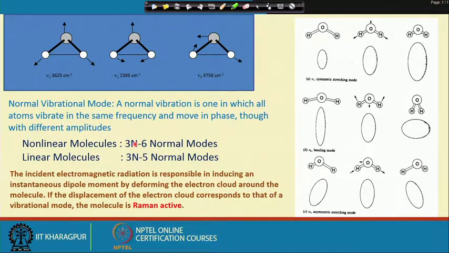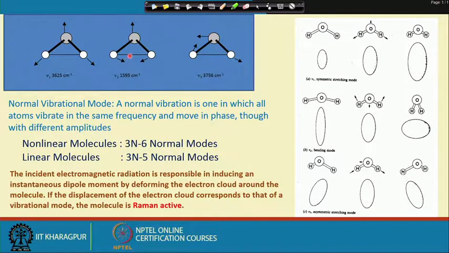These vibrational modes, fundamental modes, which we call normal modes, are essentially important to understand Raman scattering. And the thumb rule is that the number of normal vibrational modes will be 3n minus 6 in the case of nonlinear molecules, where n stands for the number of atoms.